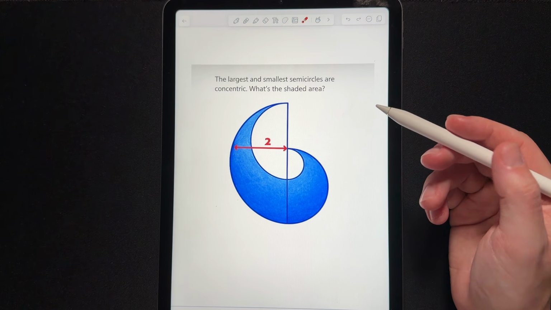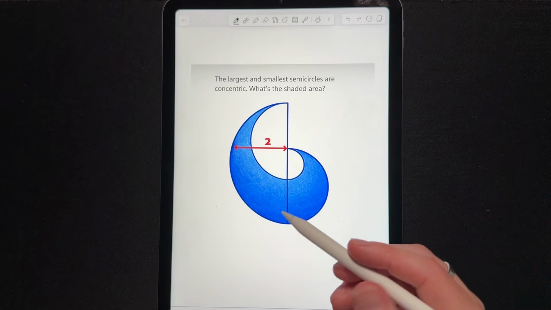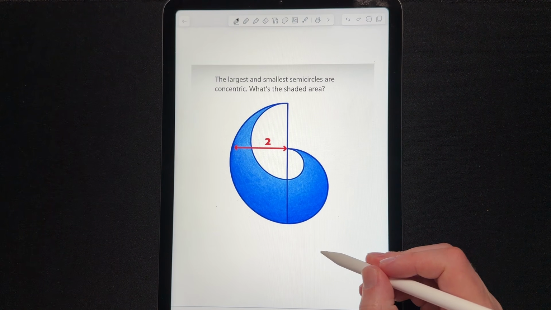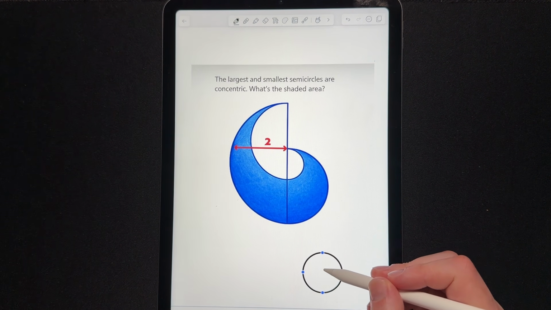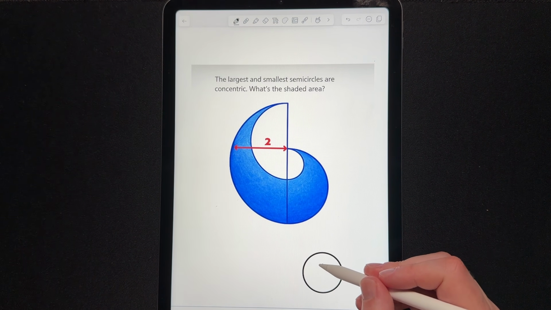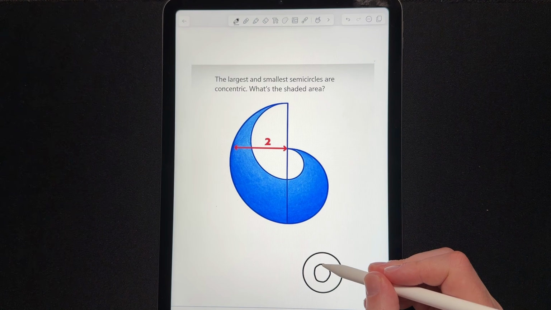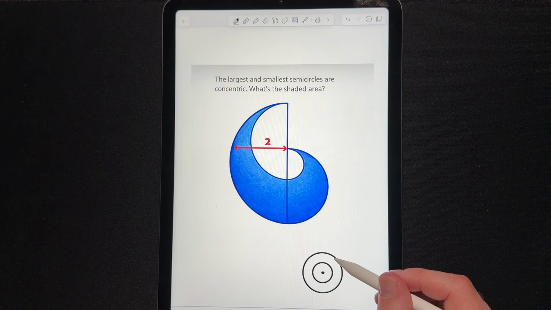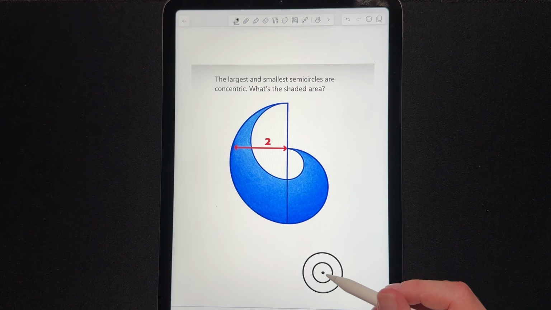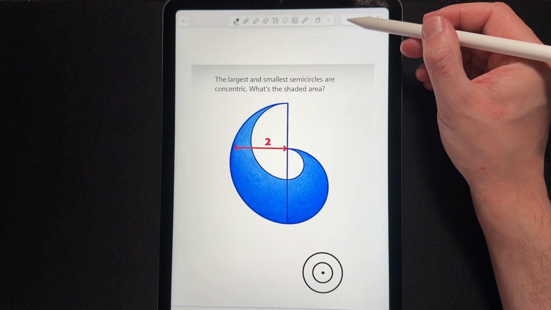So, for example, if you had a circle within a circle, like this. This is probably not the greatest diagram. I'm trying to get it to snap to grid, but this center right here is concentric with the smaller circle and the bigger circle, because they both have the same center.